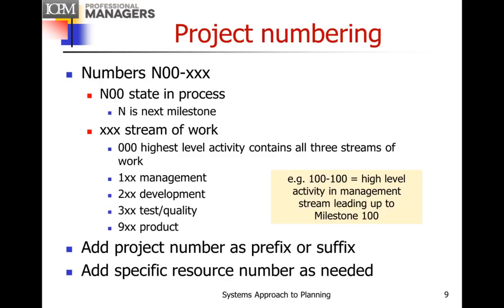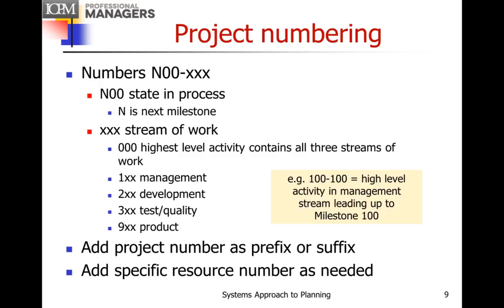XXX is the stream of work, and the numbers in the stream of work are something like this. 000 is the highest level activities and contains all streams of work. 1XX, or that would be numbers in the 100 series, are management. 2 is development. 3 is test and quality. And 9 is the product.